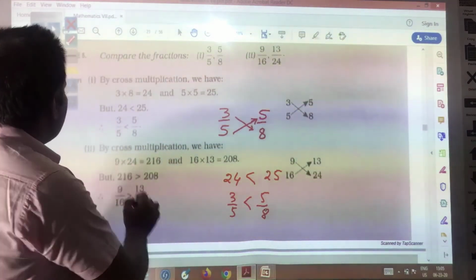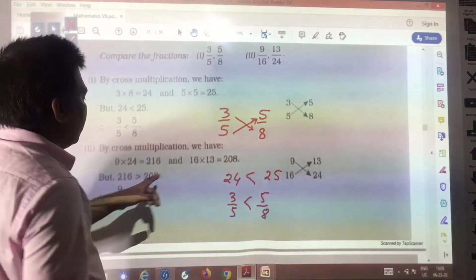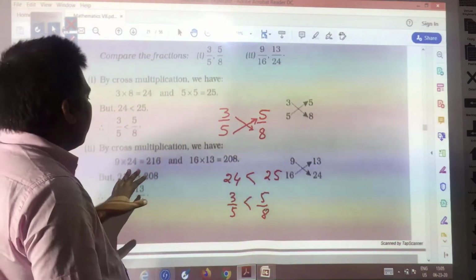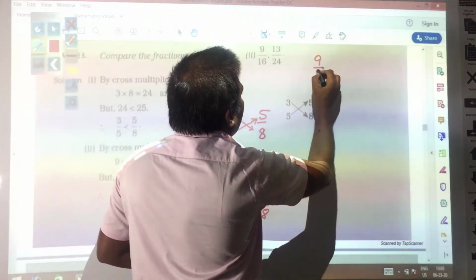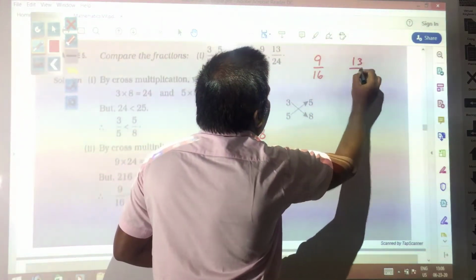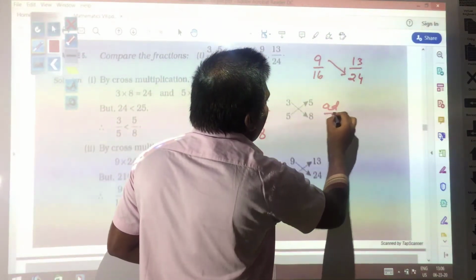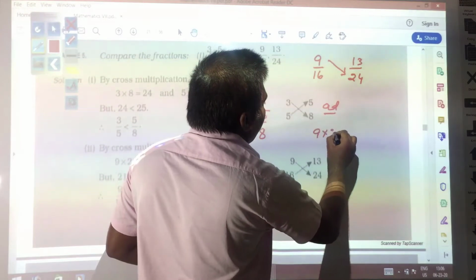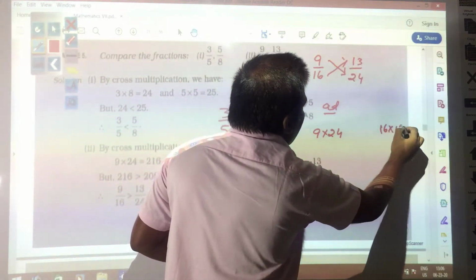In the same way, a second example has been given of 9 by 16 and 13 by 24. If you are cross multiplying, suppose you have 9 by 16 and 13 by 24. You need to find AD, that means 9 into 24, and again 16 into 13.